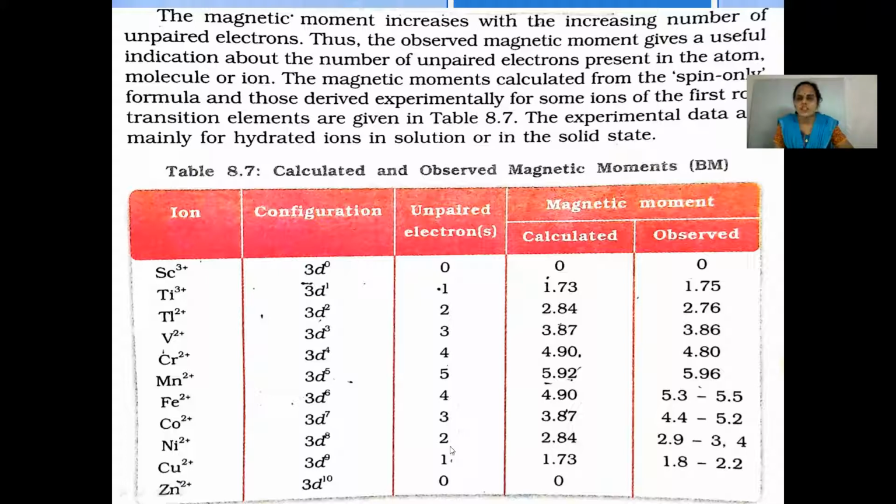Copper in +2 state has only 1 unpaired electron in its outermost shell, and it gives a magnetic moment of 1.73. And zinc in +2 state, there is no unpaired electron present. It has an electronic configuration of 3d10, so its magnetic moment on putting in the spin-only formula, we get 0.